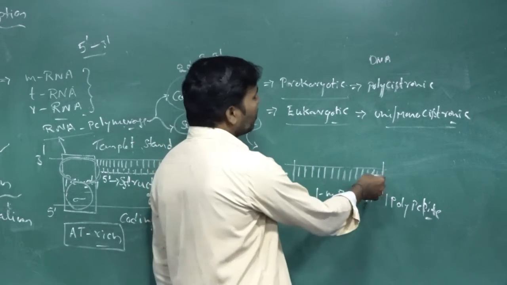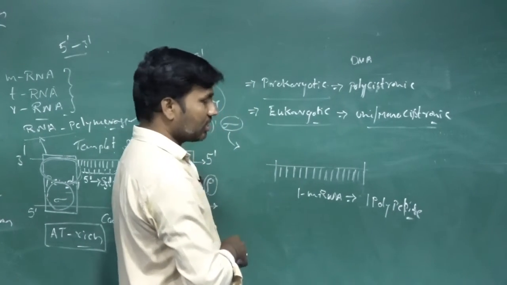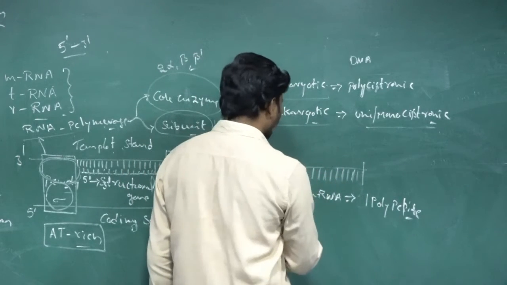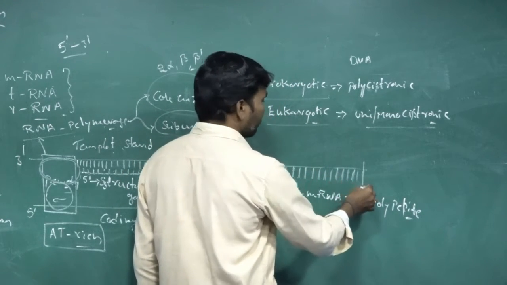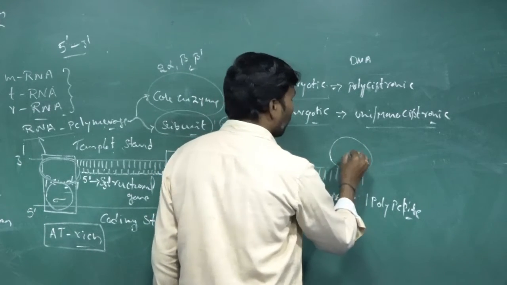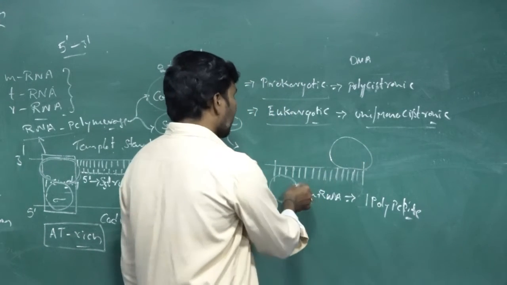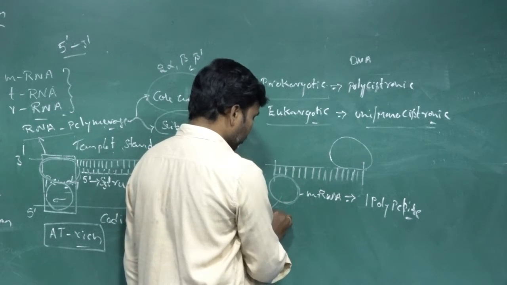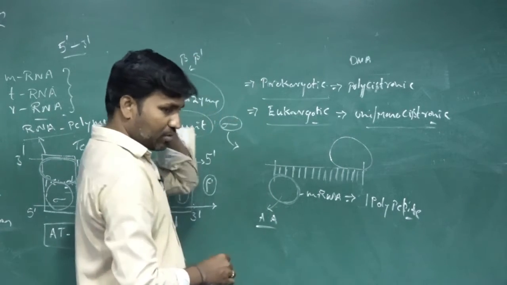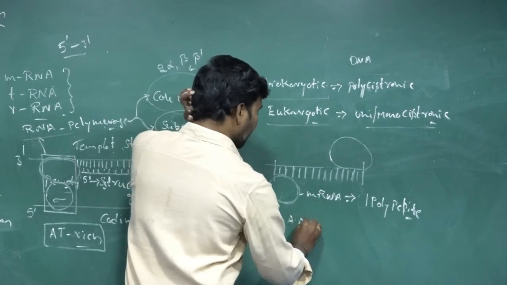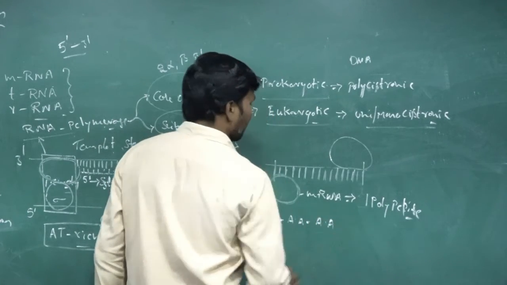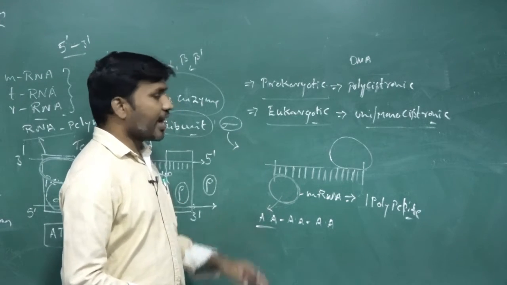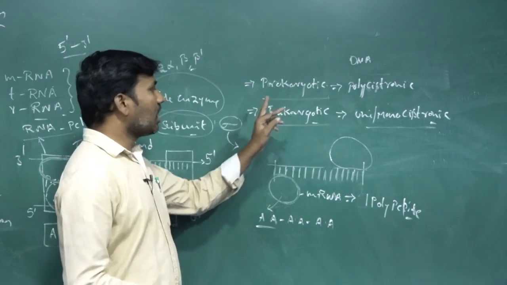That means before completion of the mRNA synthesis, before the mRNA is released, translation starts. They produce their specific amino acids, and polypeptide chains are synthesized. So this is the transcription process of prokaryotes using the RNA polymerase.